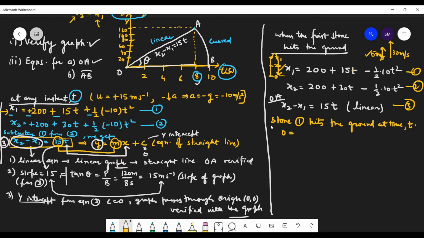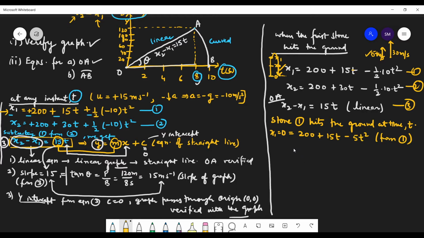This x1 will be equal to 0, the position at time t, and that's equal to 200 plus 15t minus 5t square. So from equation first, I have written this. Is this clear? Yes.